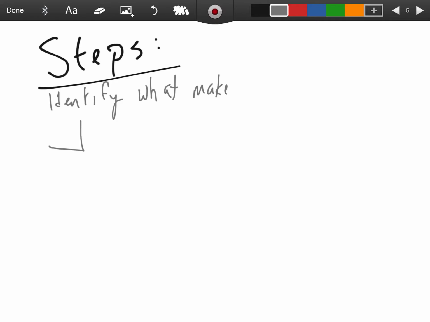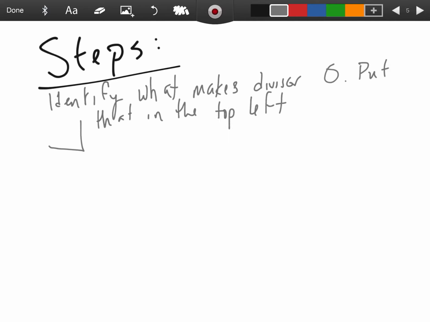So yes, we identify what makes the divisor 0. That's what we're dividing by. Put that in the top left. All right, boom, we stick that right there.